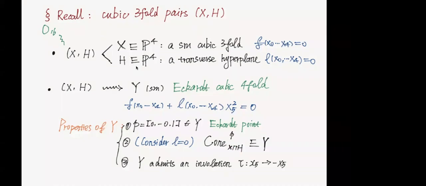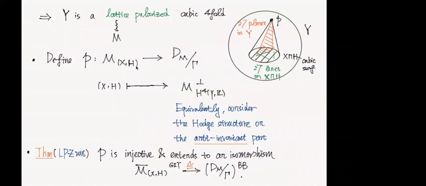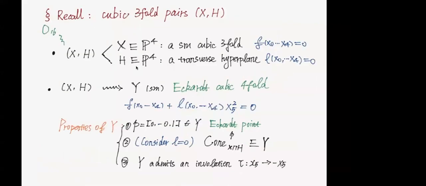And of course, finally, from the equation, you can see that this Y has an involution, which sends this new variable X5 to negative X5. This involution fixes P and also fixes a hyperplane, which is X5 equals 0. So for this cubic threefold pair, we associate this Ichi-card cubic fourfold Y to it. This is a picture of these three geometric properties.